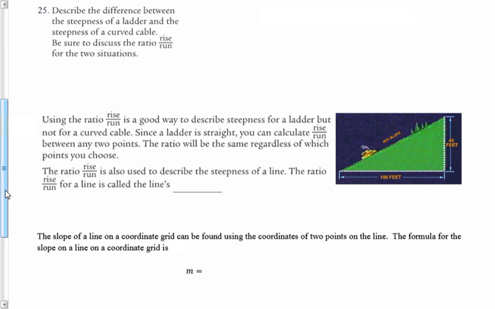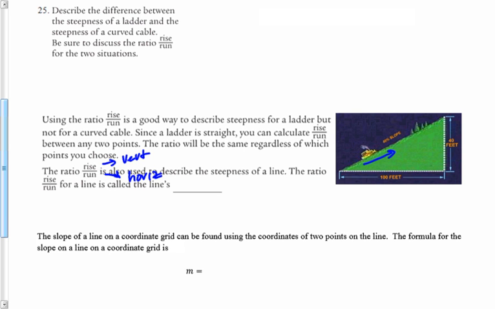This little caterpillar is going up a hill here, and we can describe the steepness of the hill as its slope. And to put some mathematical values to that, we can also describe that ratio as the rise over the run, where the rise is the vertical distance that the caterpillar is traveling, and the run is the horizontal distance that he's traveling.